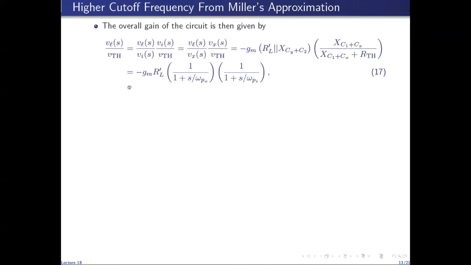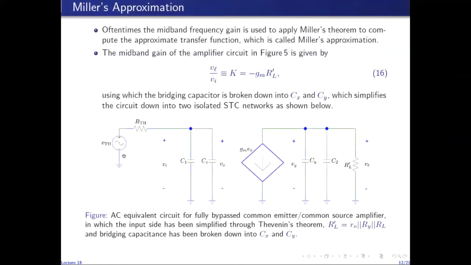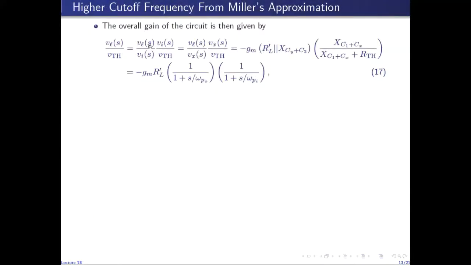So using the simplified approximate circuit, we can find the response, which is the ratio of VL to V Thevenin, and this is given by the ratio of VL to Vi times Vi to V Thevenin.